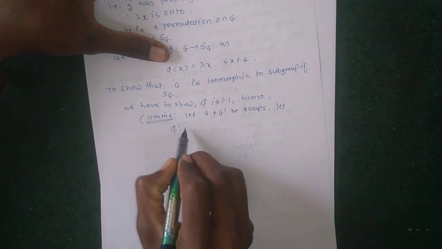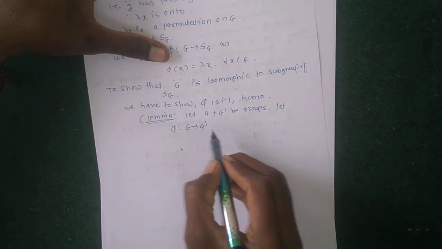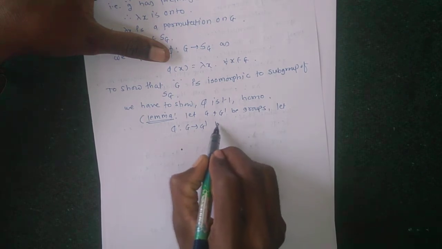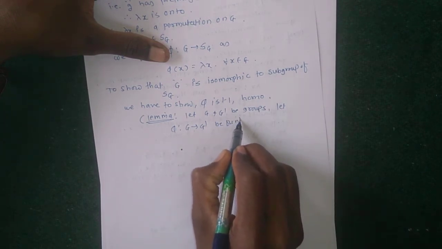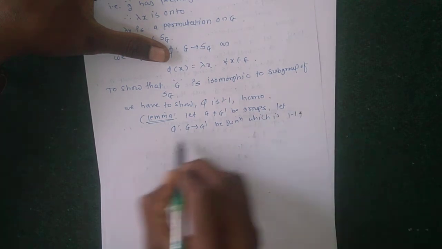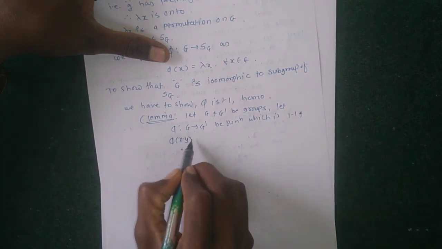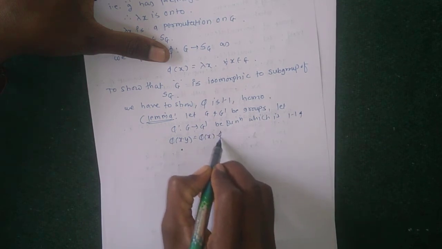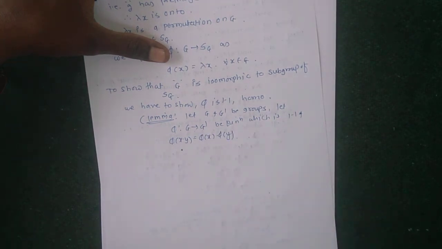Let phi from G to G dash be a function which is 1-1, and phi of x into y equals phi of x into phi of y. This is the homomorphism condition.